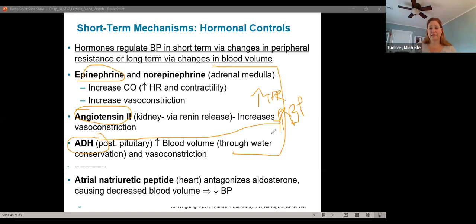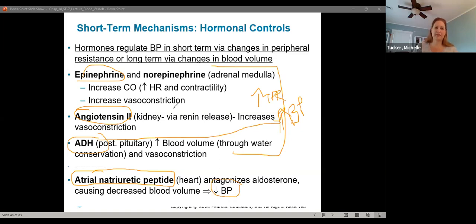Well, the heart has its own protective mechanism. It says, yes, brain, yes, skeletal muscle, yes, abdominal organs, I understand that you need blood, but the heart has to have some sort of control mechanism to protect itself as well. So the heart produces atrial natriuretic peptide, which is going to antagonize aldosterone, decreasing blood volume and decreasing blood pressure.